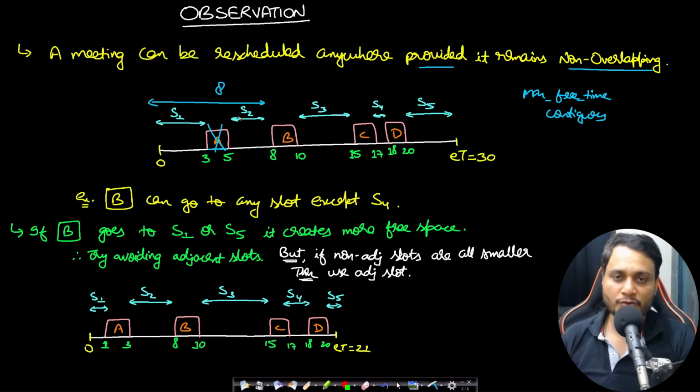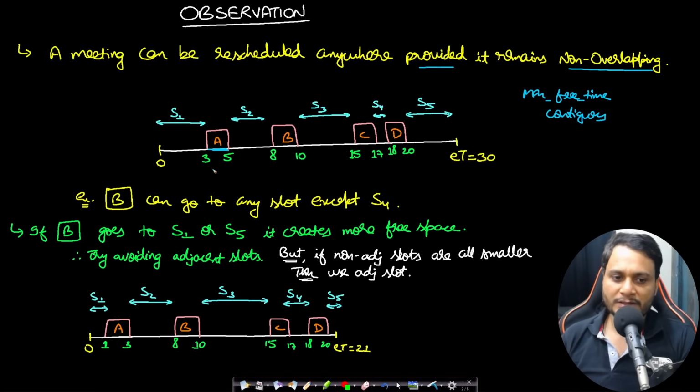S1 and S2 will combine together along with whatever was the meeting duration of this A. This will only happen if A can be taken out and placed somewhere else in some other slot except for the two adjacent slots. Then only that can happen.